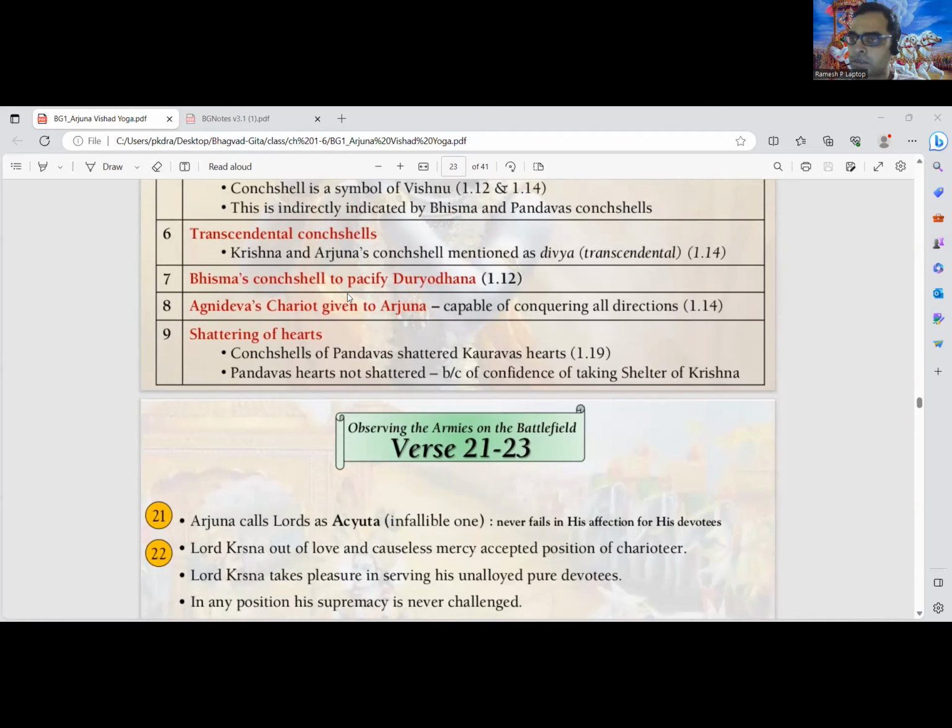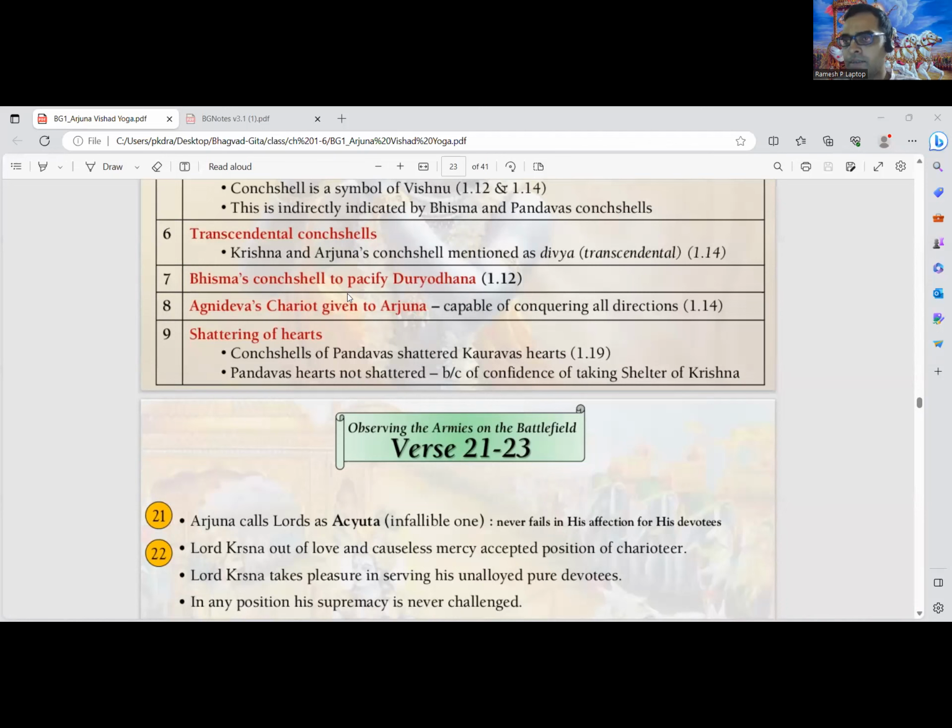He just wanted to see with whom he needs to fight, who the opponent is. So he asked Lord Krishna to place his chariot there.